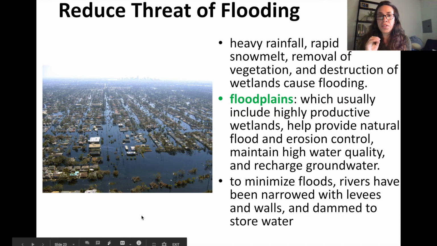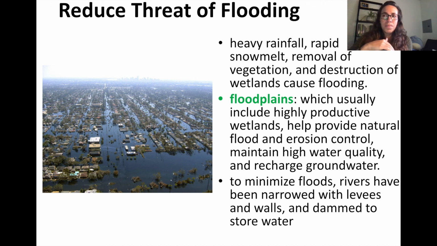To reduce the threat of flooding, one is to just not build in a floodplain. A lot of the country is built on floodplains, and that is certainly a huge problem. To account for that, we've lined our rivers with levees, with walls to basically hold back water during flooding events. But if those levees are overtaken, they can result in major flooding events.